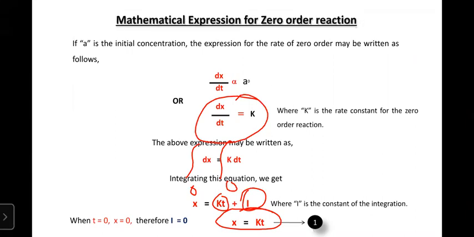Got it? Now we consider one more concept, that is half-life period. The name itself indicates what it is. Half-life period, T half. What does it indicate? The time taken for half of the substance to decompose.